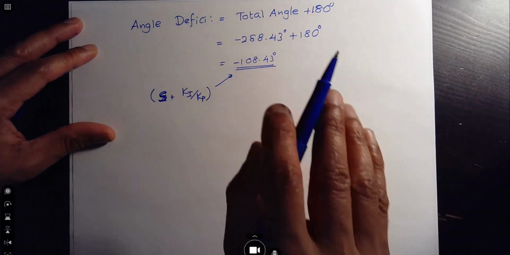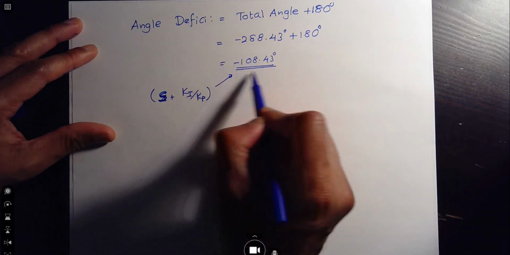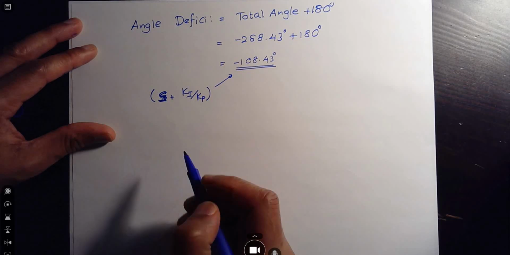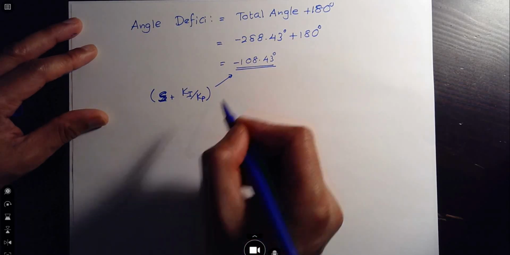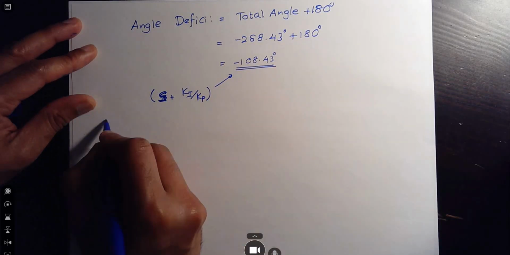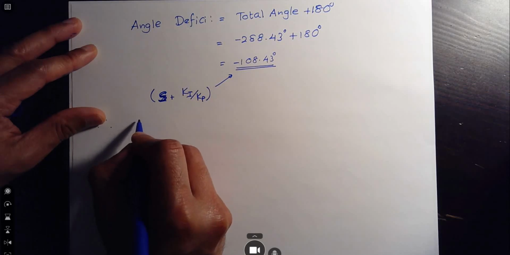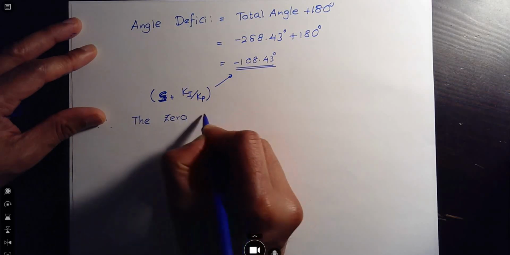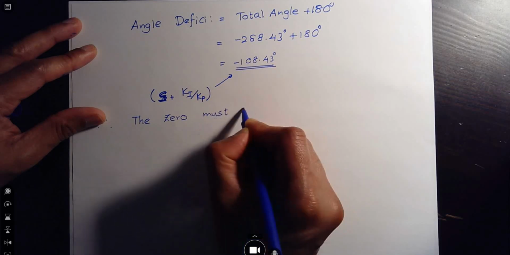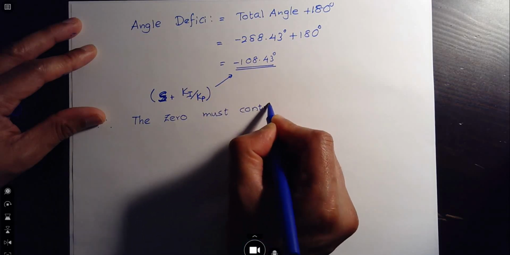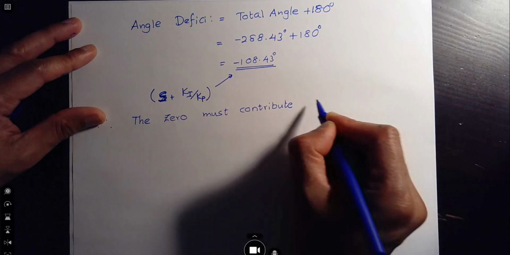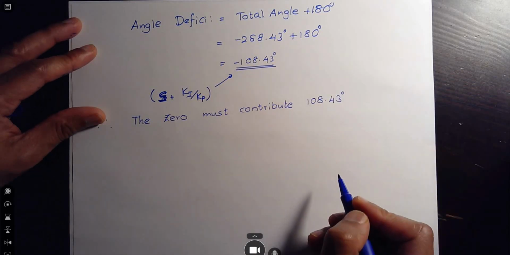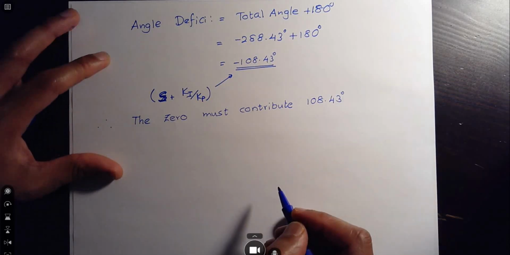Since this is a deficiency, the angle contributed by the zero has to be positive. Therefore, the zero must contribute 108.43 degrees.